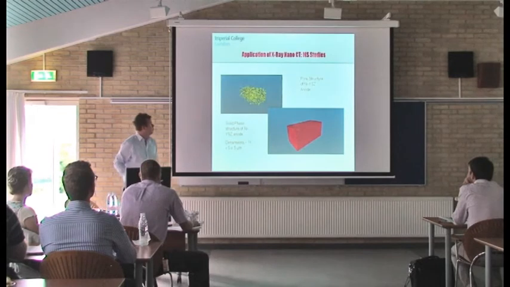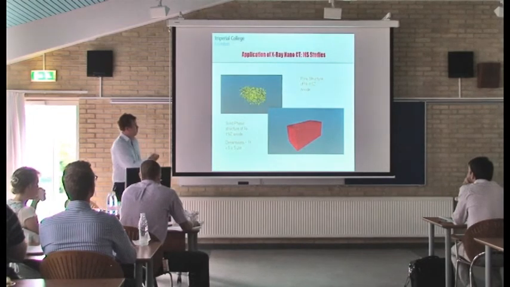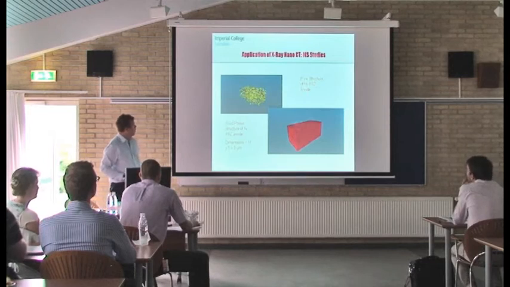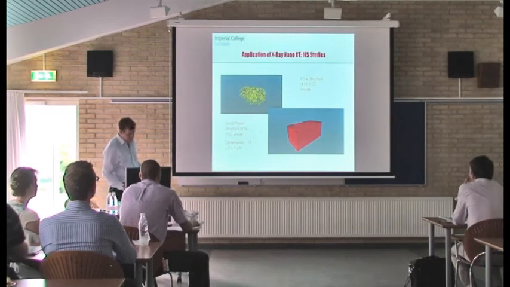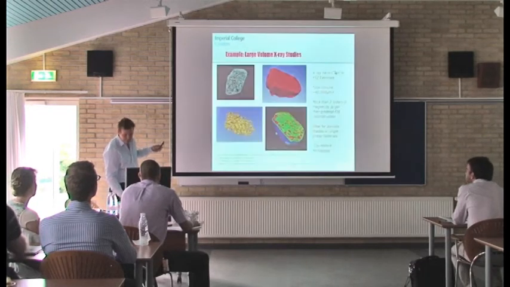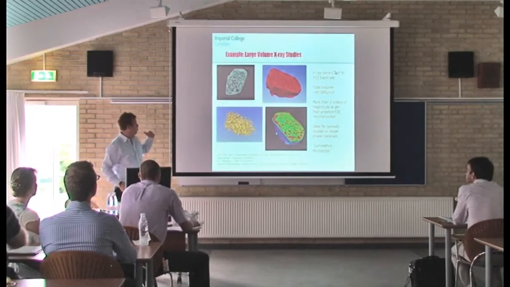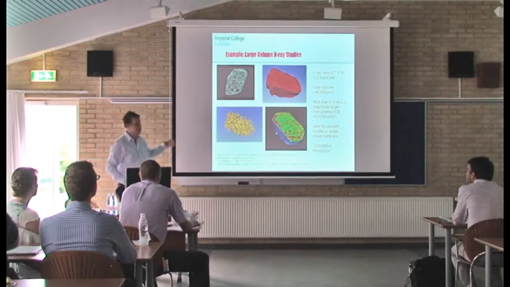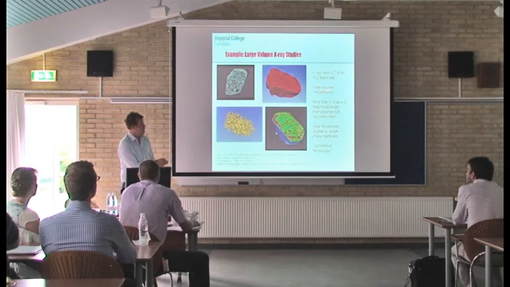So in lab-based systems, we looked at the pore distribution of a nickel zirconia anode. This is the large field of view. This is the high resolution mode, so 15 micron field of view. And we also did the large field of view mode, which is like 65 micron field of view. So we're getting really quite large volumes here.